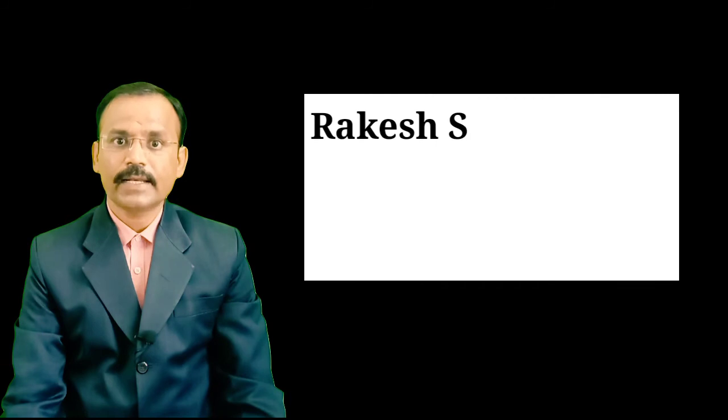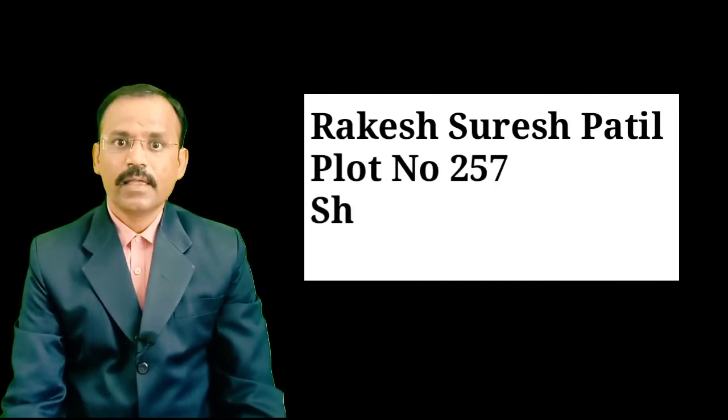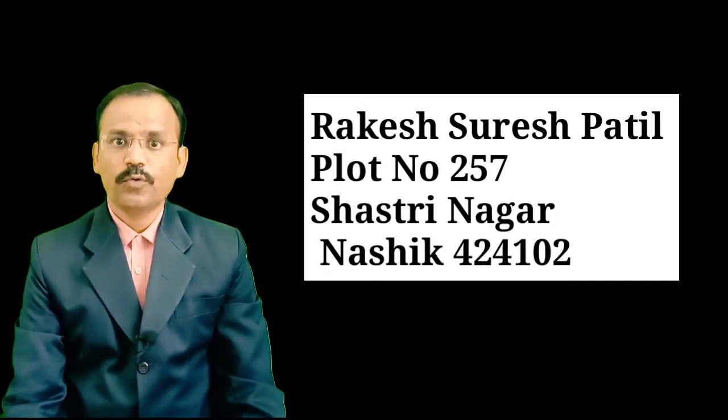It can be written without punctuation marks in this way: Rakesh Suresh Patil, plot number 257, Shasrinagar, Nashik 424102. In this way, there are two types of address: address with punctuation marks and address without punctuation marks.